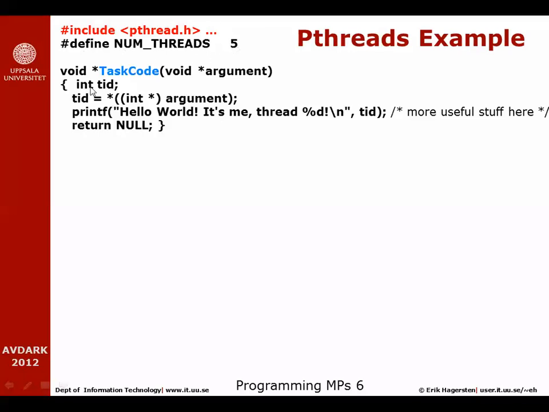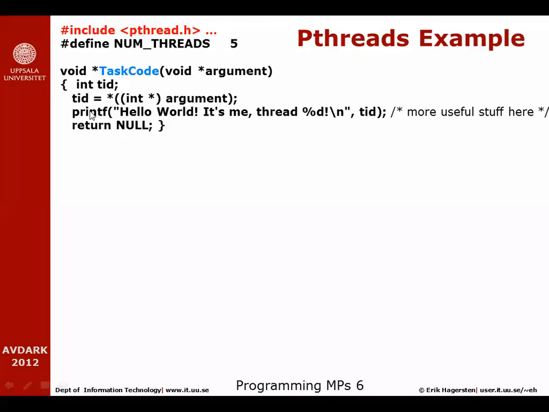Then we start to define the task that we would like to run in parallel. The task takes one argument. It has a local variable, TID, which we're going to get from the argument that's passed to this function.